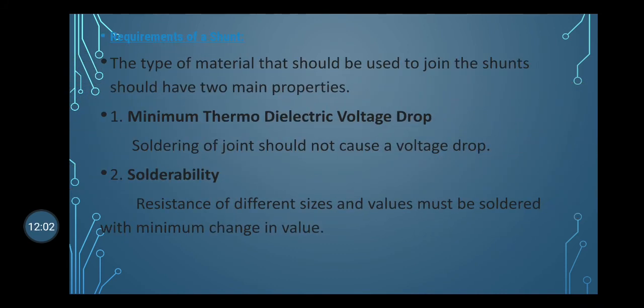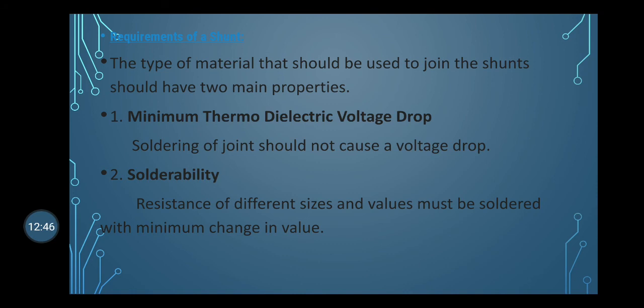Now the type of material used for the joint of the shunt should have the property of minimum thermoelectric voltage drop. Therefore, by using this property, there will not be any voltage drop across the meter or that particular shunt.